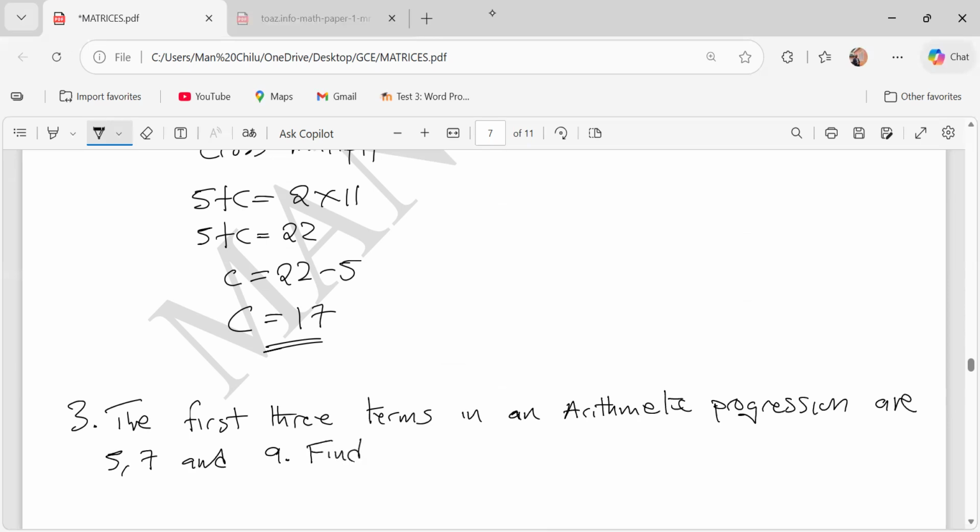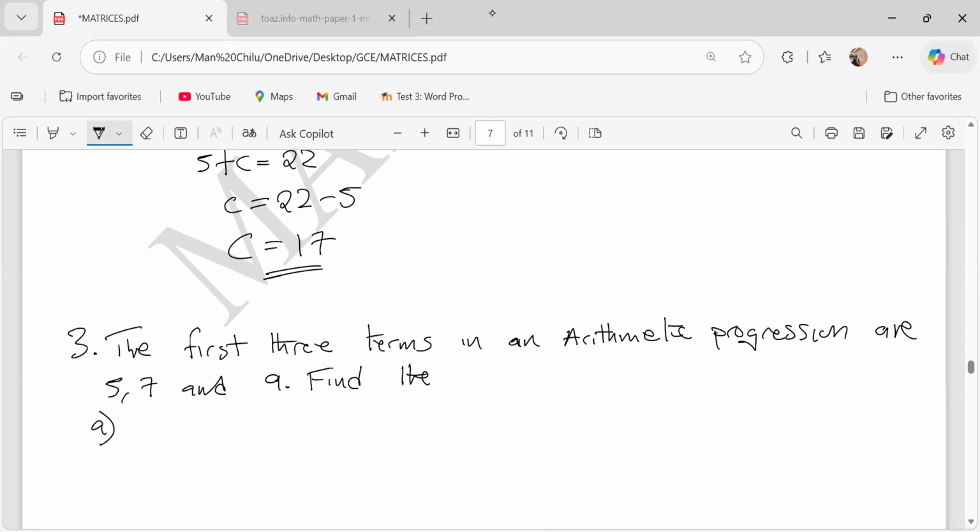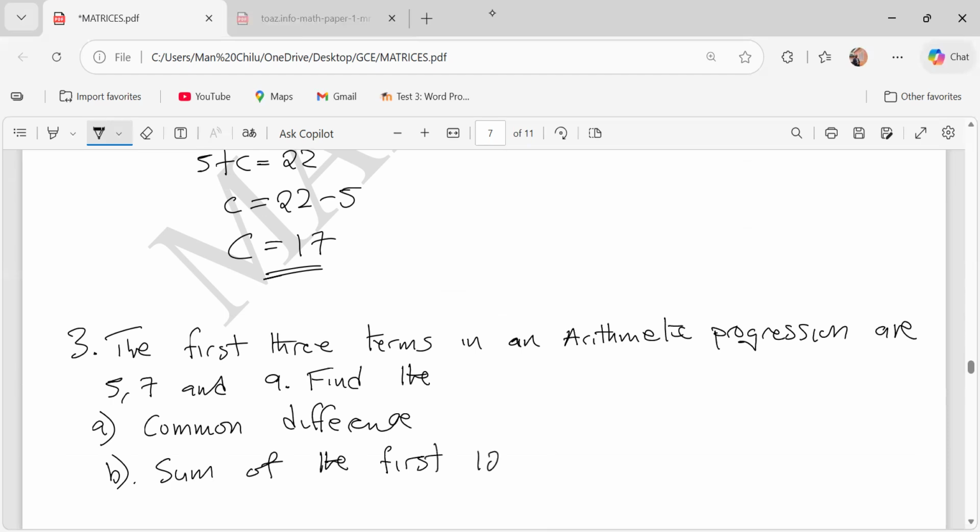A, find the common difference. B, we find the sum of the first 12 terms.